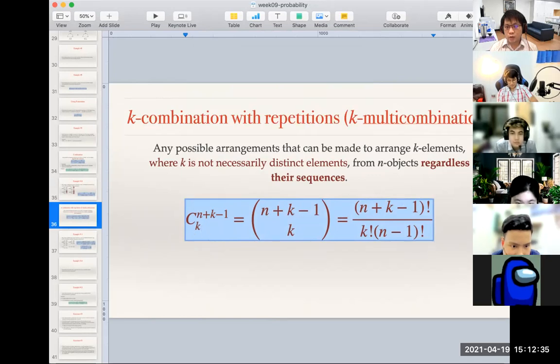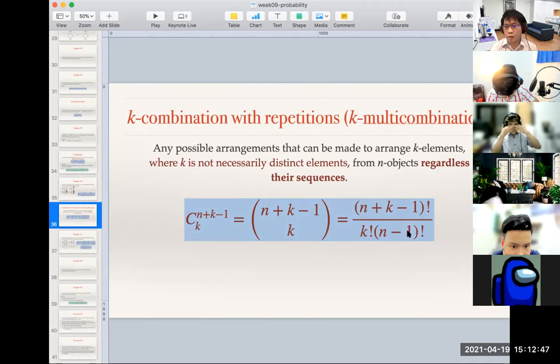Therefore, the previous formula becomes: n plus k minus 1 factorial, divided by k factorial multiplied by n minus 1 factorial.